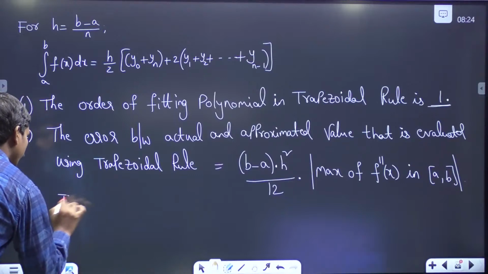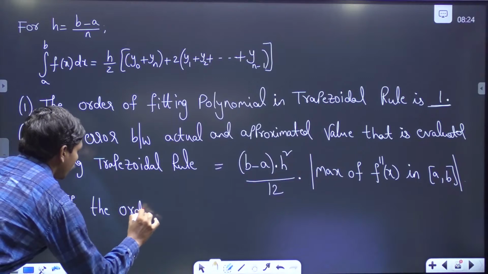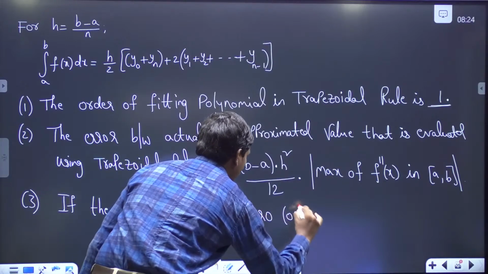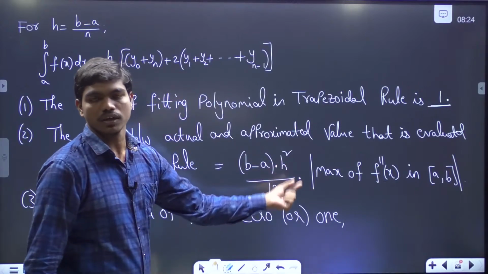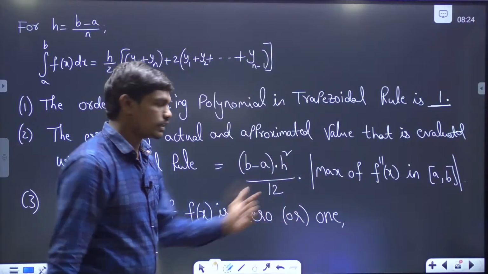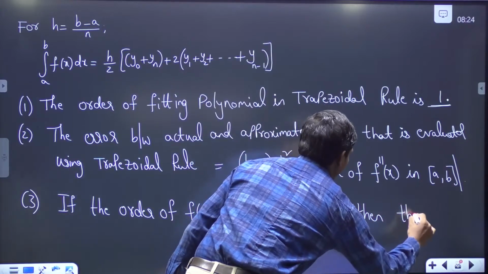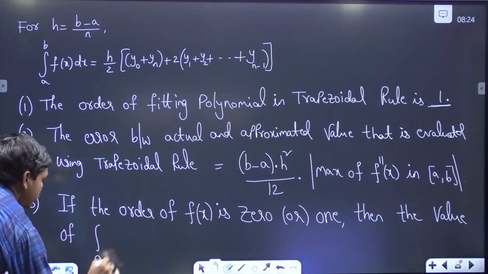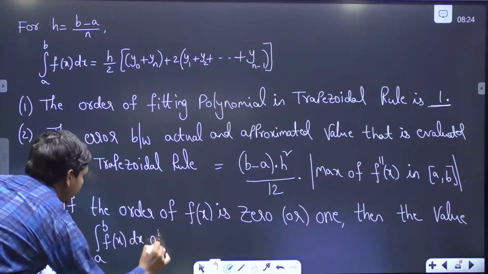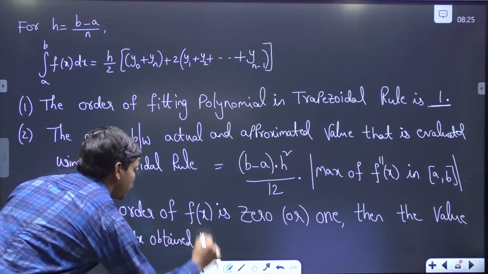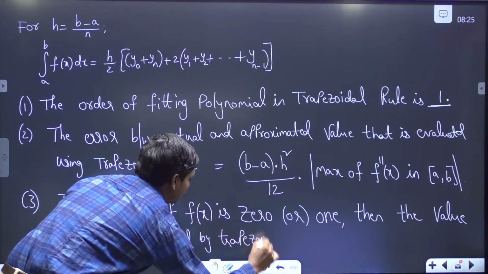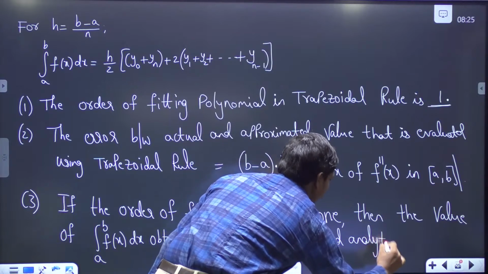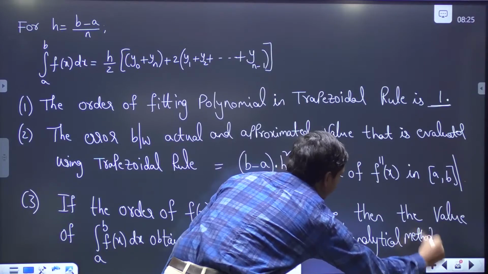Third, if the order of f of x is 0 or 1, means basically if f of x is a constant function or a linear function, means it is of order 0 or of order 1, then the value of the integral a to b f of x dx obtained by the trapezoidal rule and the analytical method is the same.